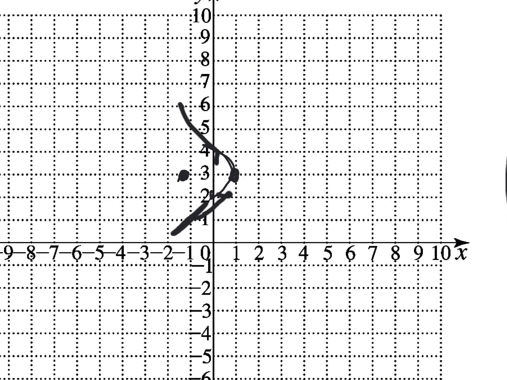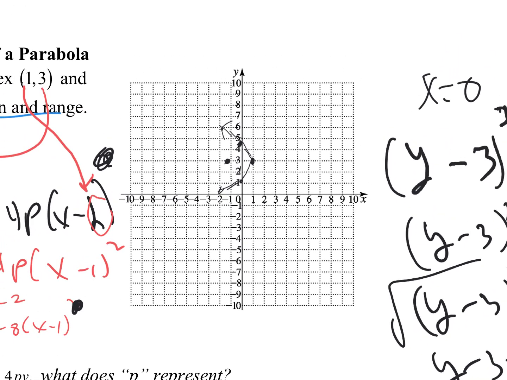So let me erase my chicken scratch that gave me an idea of what the thing's going to look like, which was true. So let me go from the 1, 1, 2, I'm about here, 1, 2 down here. So here it's going to open up. Here it's going to open up. I could do more work if you want to get a perfect look. But roughly we know it opens up that way.